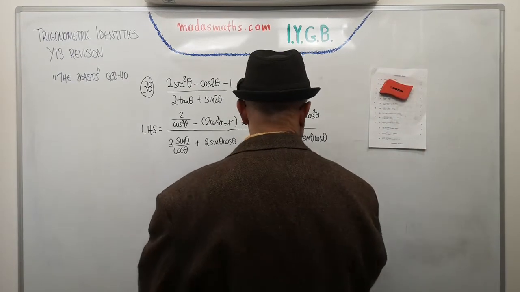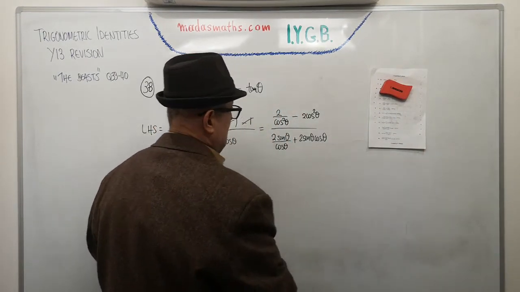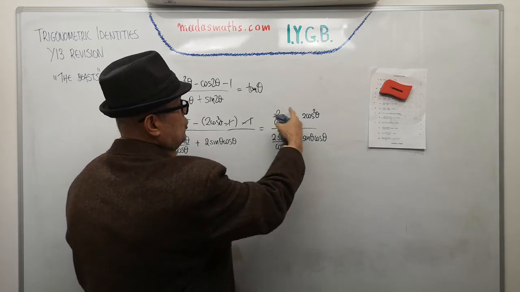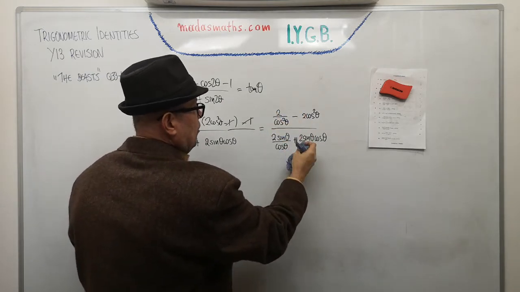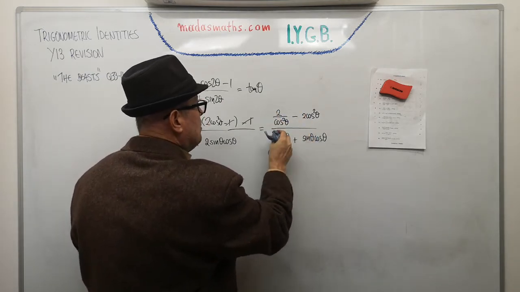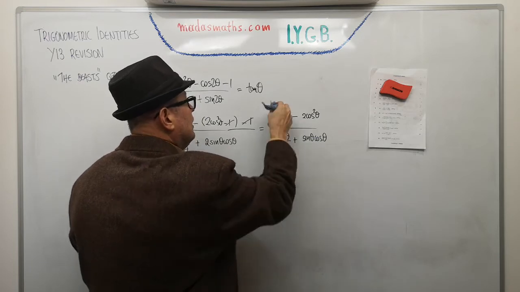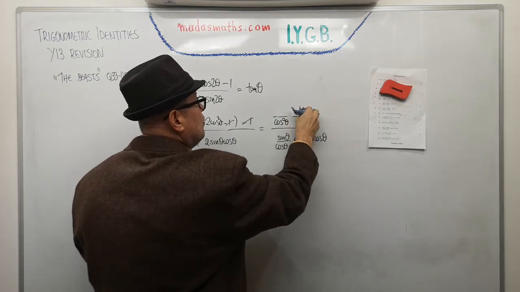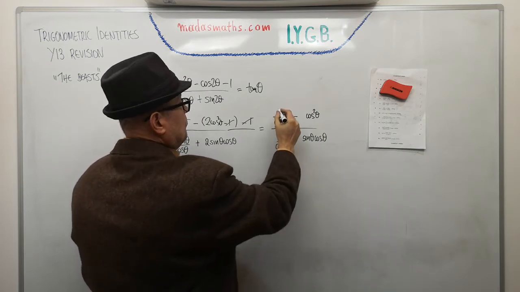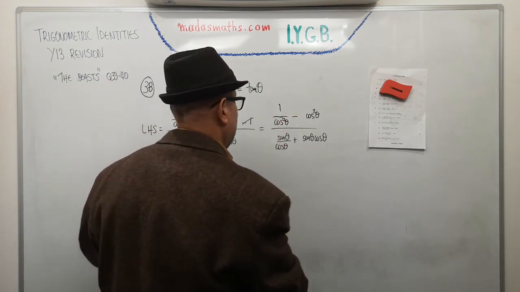Very unpleasant, very untidy as well. I don't want to waste a line. 2, 2, 2, 2. So that 2 will go, and this 2 will go. So at least that's a little bit simpler. A bit of luck there.